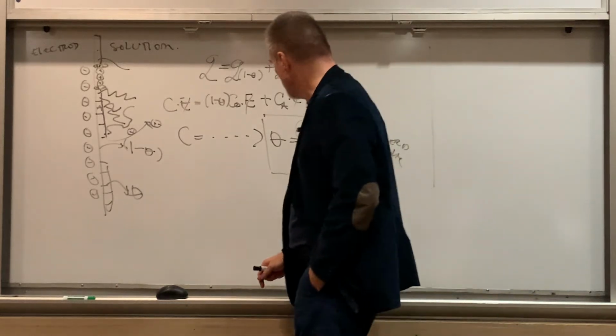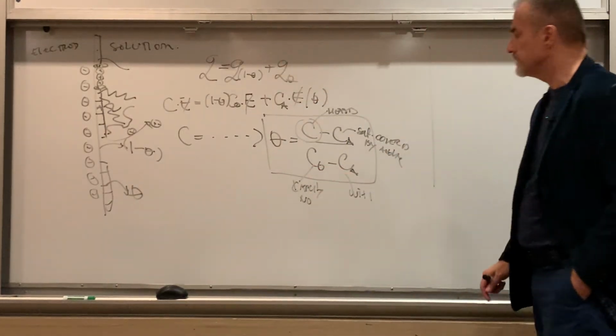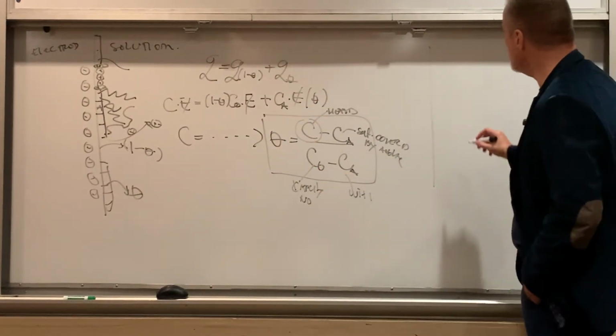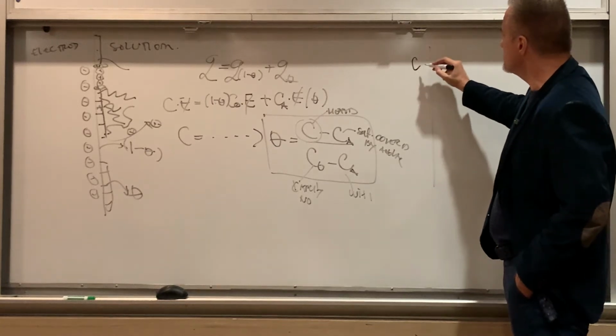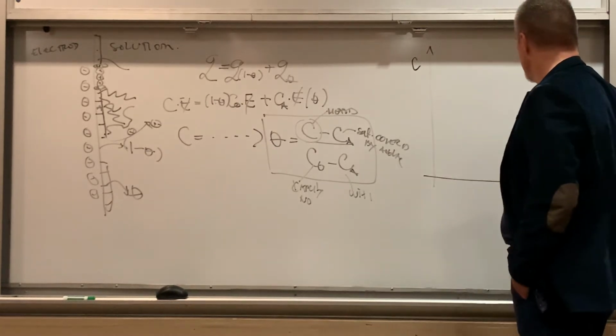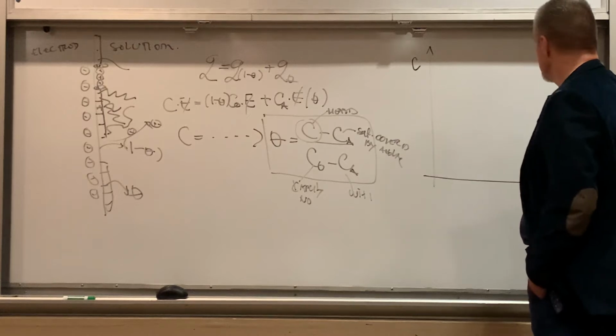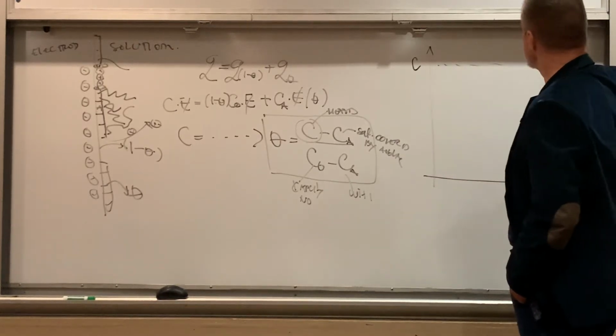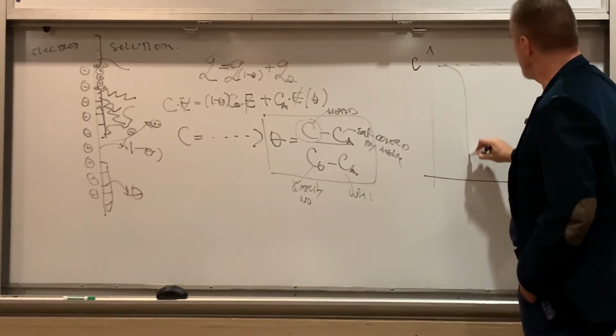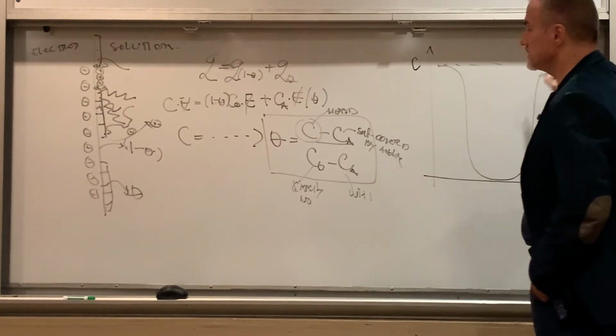So this is the measured capacitance. This is potential. Let's say nothing happens when you add the additive, but then we have additive, and it looks like this.